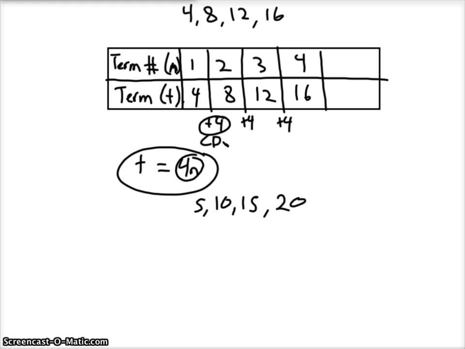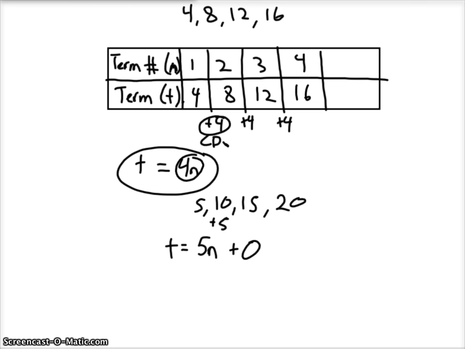For the sake of time, I can tell that our difference is going to be plus 5. So I know that we're dealing with t equals 5n. And since 5 is our first number, if I plug in 1, we get the answer of 5. So I don't need to add anything. It's plus 0 again.